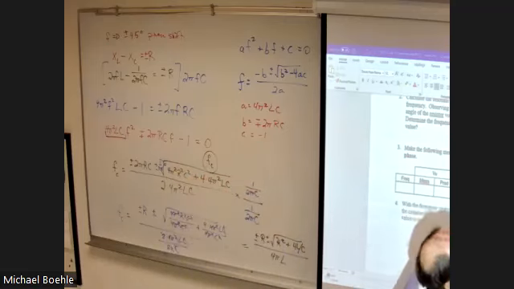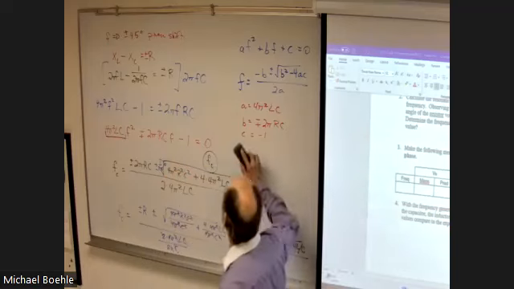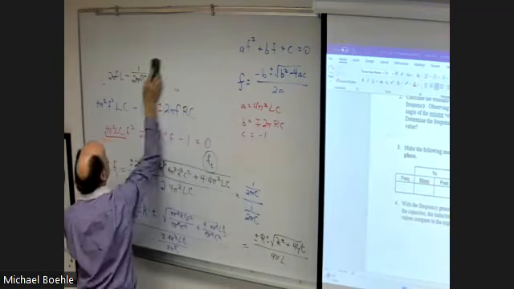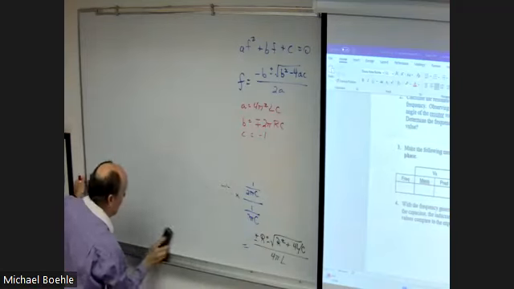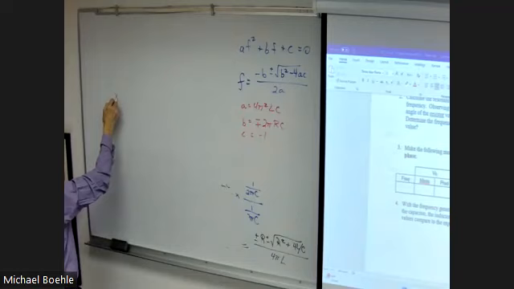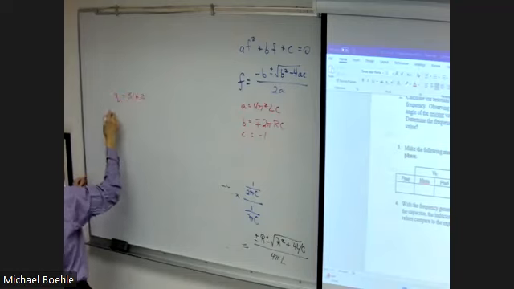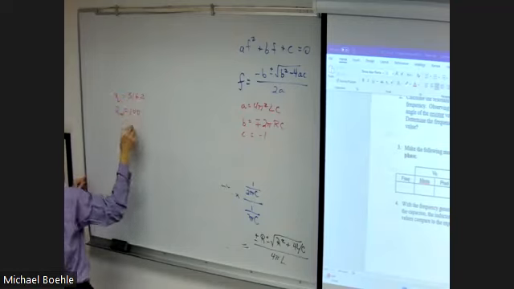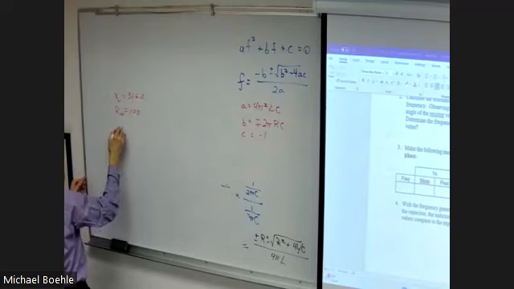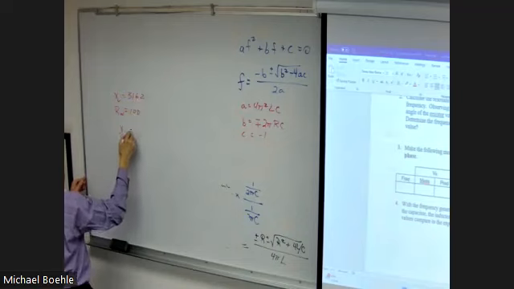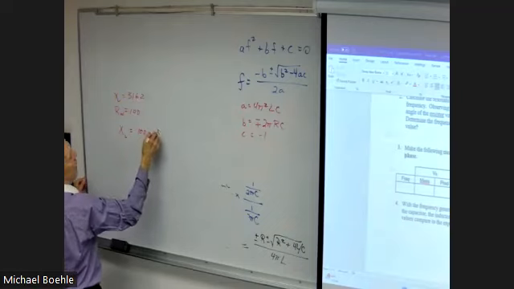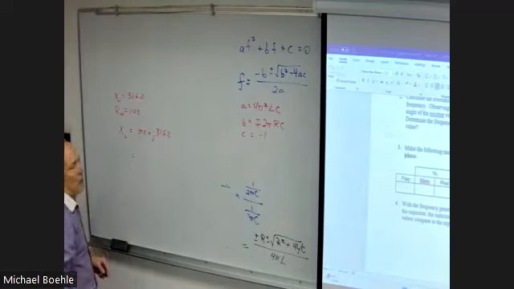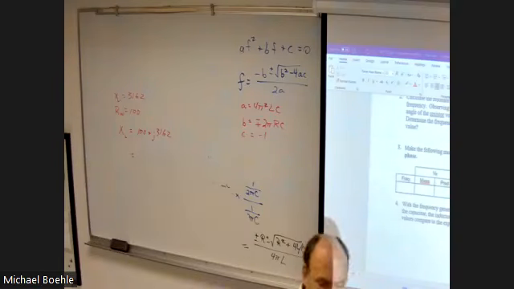Back here somewhere. 3162. And of course, the winding resistance is 100 ohms. So the actual reactance of the inductor becomes 100 plus j 3162. That's what you're actually going to have.